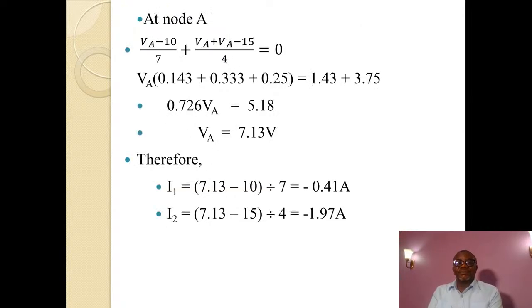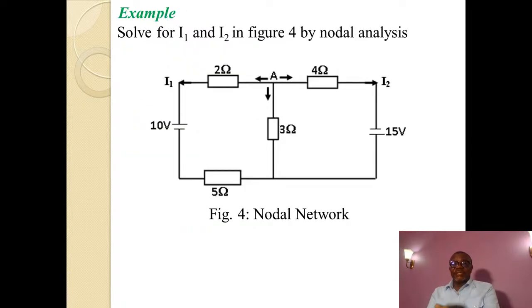Now, if we take node A, you can see where A is. It becomes VA minus 10 all over 2 plus 5, because this 5 is taken to be the internal resistance of the 10 volt generator.